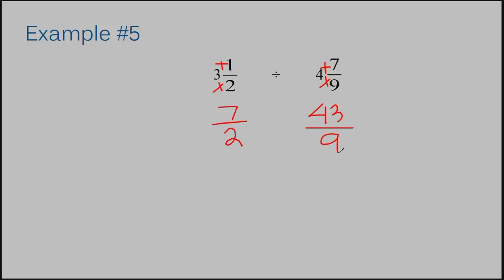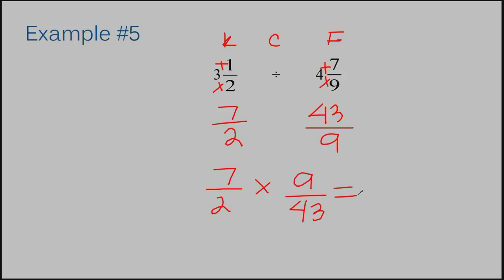Denominator remains the same. And if you remember, we are keeping it, changing it, and flipping it. This number remains the same because we want to keep it the same. We want to change this to a multiplication sign, and we want to flip this to 9 over 43.